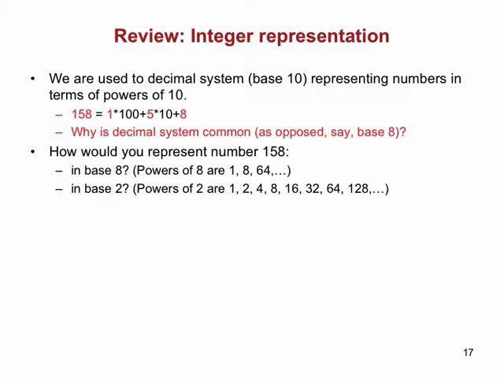If I had a signed 8-bit integer, this leading one would be interpreted as a minus, and then it's going to be negative whatever is left. So it would be negative, what is 158 minus 128? Negative 30, right?